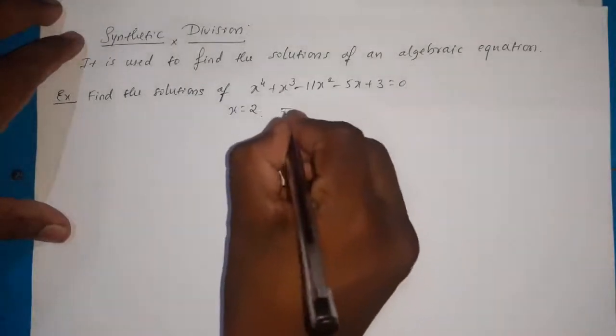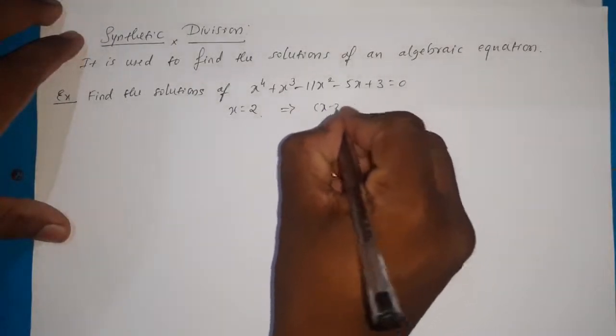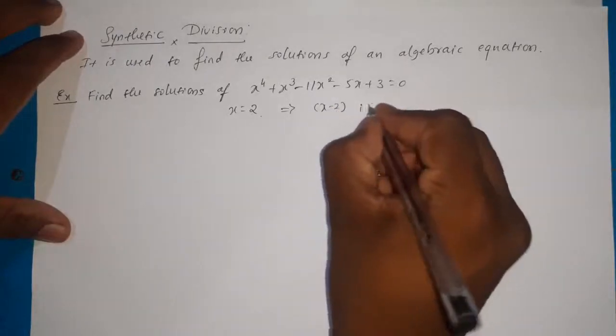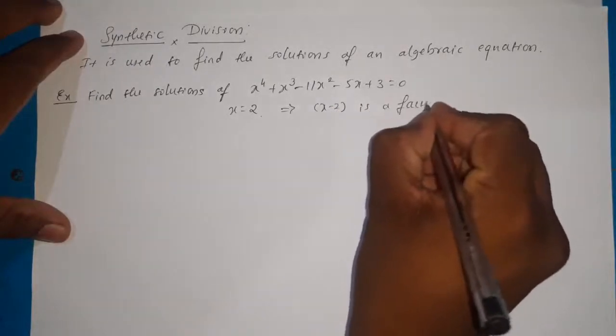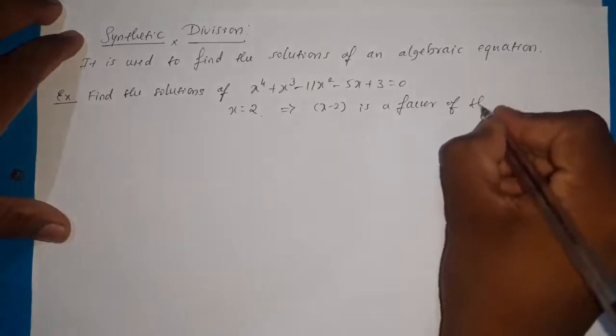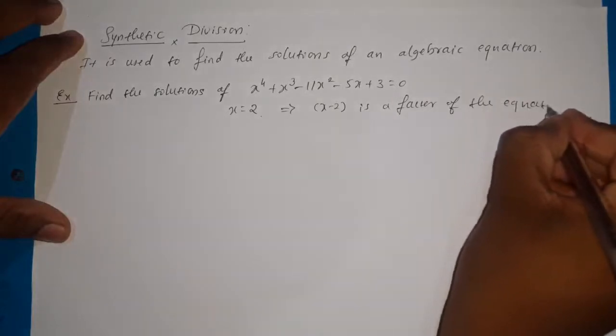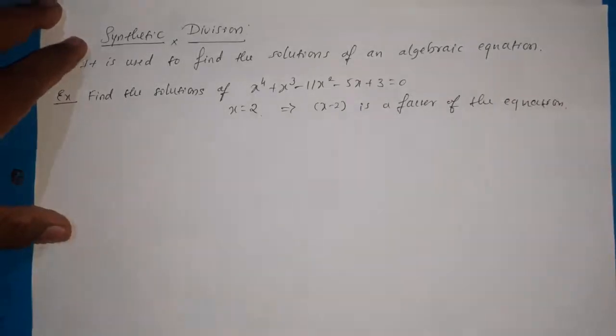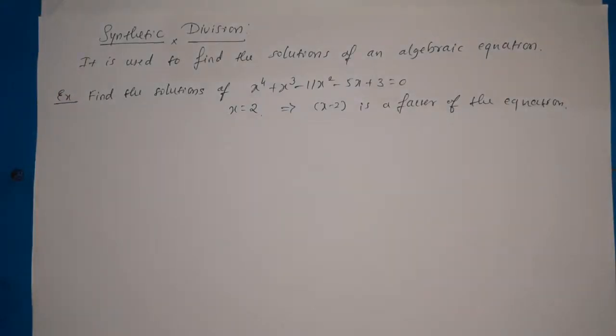If x equal to 2 is the first root, then x minus 2 is a factor of the equation, right? x equal to 2 is the root and x minus 2 is a factor of the equation.